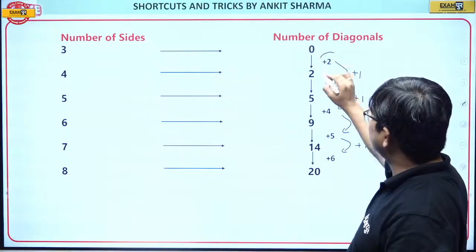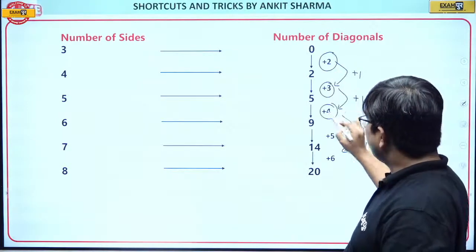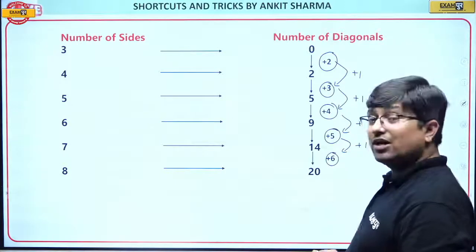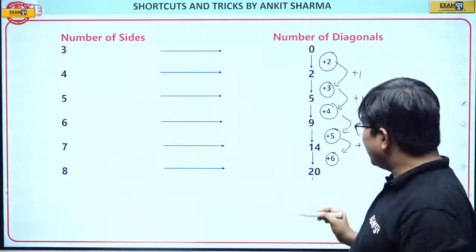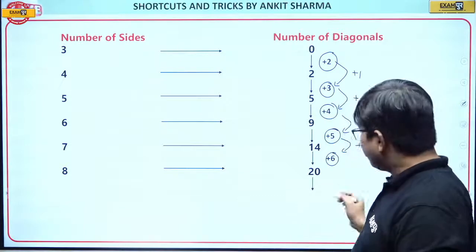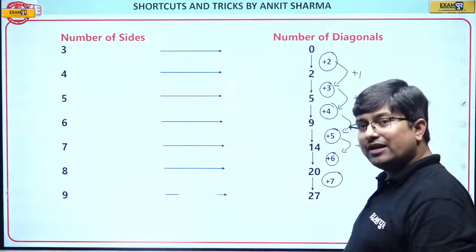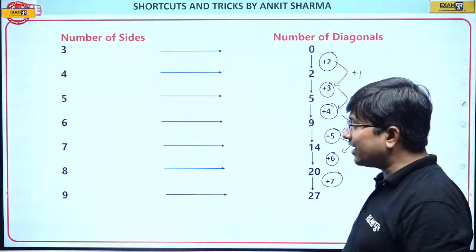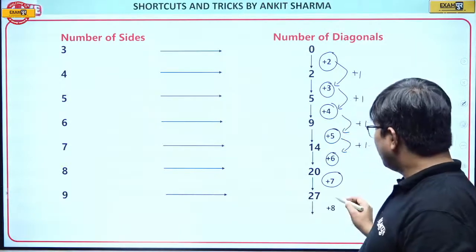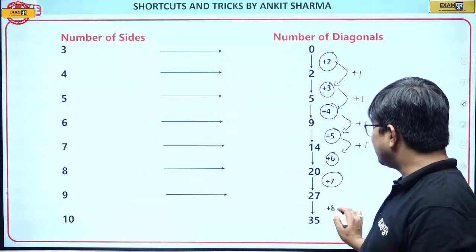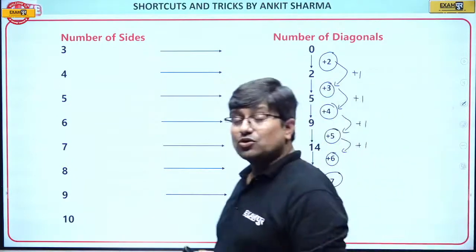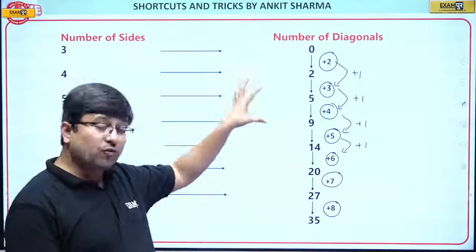So even this is in series: plus 2, plus 3, plus 4, plus 5, plus 6. Now in a 9-sided structure, you have understood, it's plus 7 and it will give you 27. Similarly, in a 10-sided structure, the decagon, it will be plus 8 and you will get 35. So this is again a very quick method.